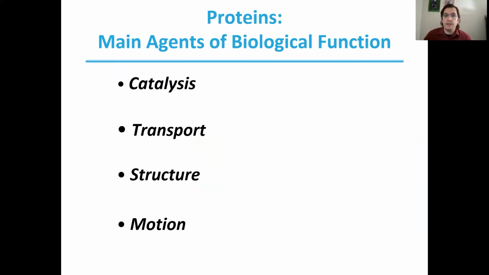They're involved in transporting different molecules around our body or within our cells. Again, they do play a structural role in holding our cells together. And they're also involved in motion, right? So our typical muscle proteins would be involved in that motion role down here. So they're actually one of the most important biological molecules that we'll look at in this semester.